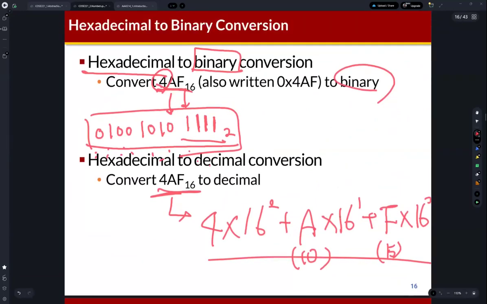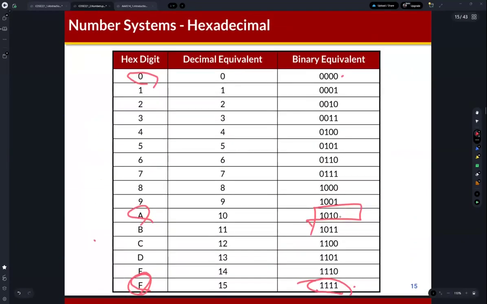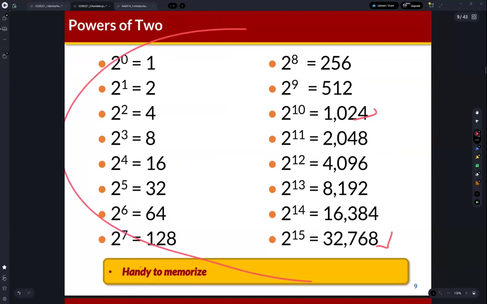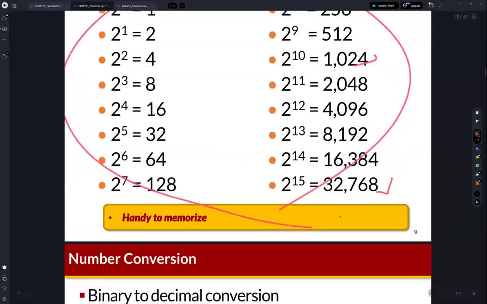If you study hard for this course, I believe you can easily memorize this table. Also, I believe you can easily memorize the powers of 2 because we frequently use these numbers.